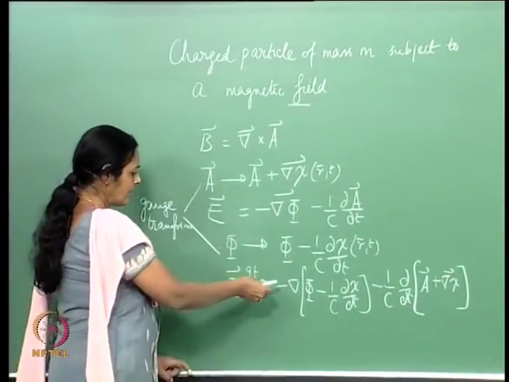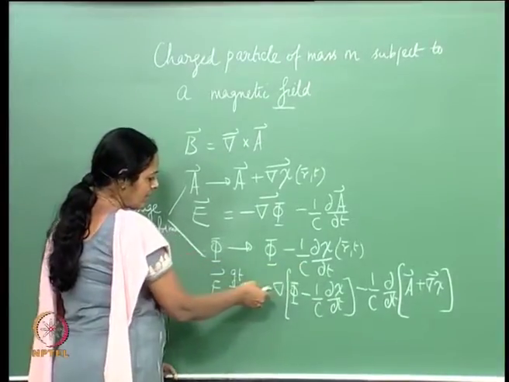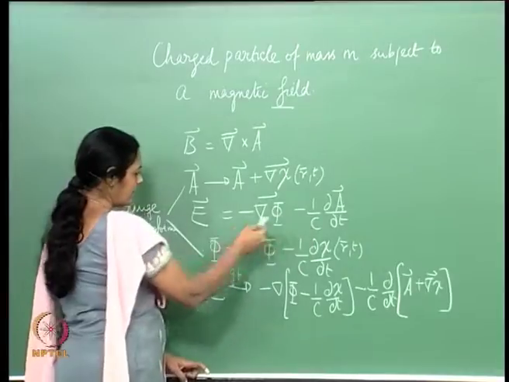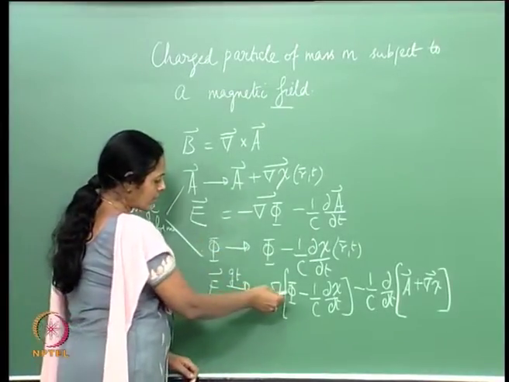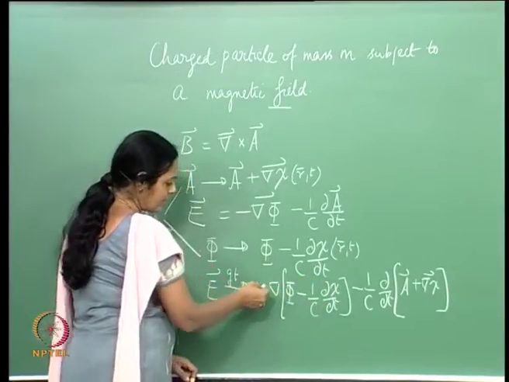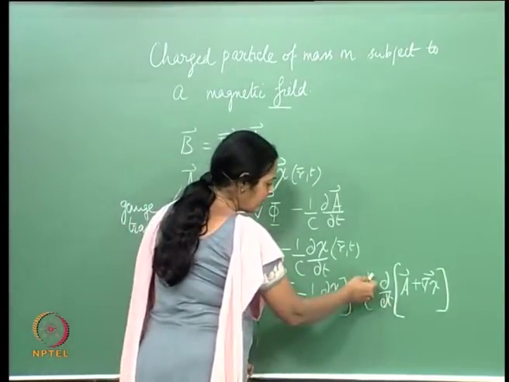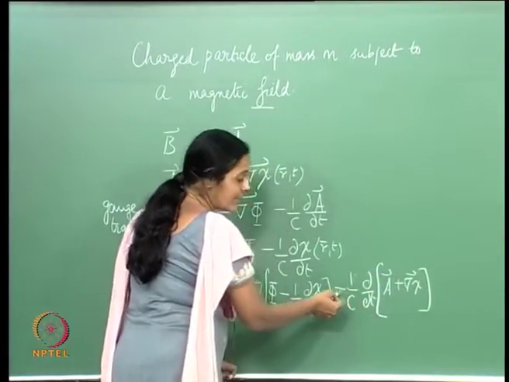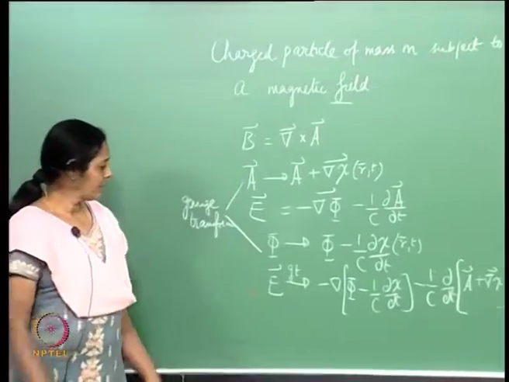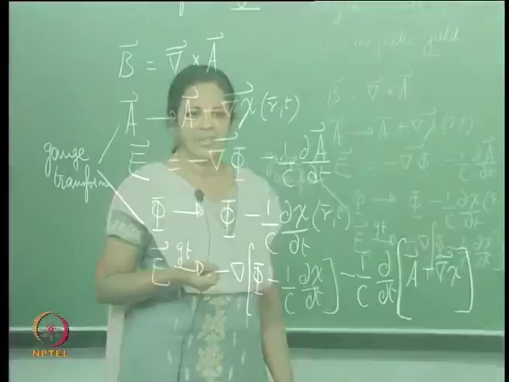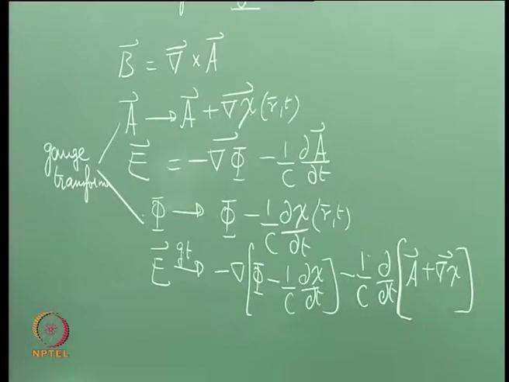It is evident that here minus grad phi minus 1 by c delta A by delta t continues to be, and this term 1 by c gradient of delta chi by delta t comes with a plus sign, and here 1 by c gradient of delta chi by delta t comes with a minus sign. Therefore, they cancel out and the electric field is left unchanged under the gauge transformation, even like the magnetic field is left unchanged under the gauge transformation.